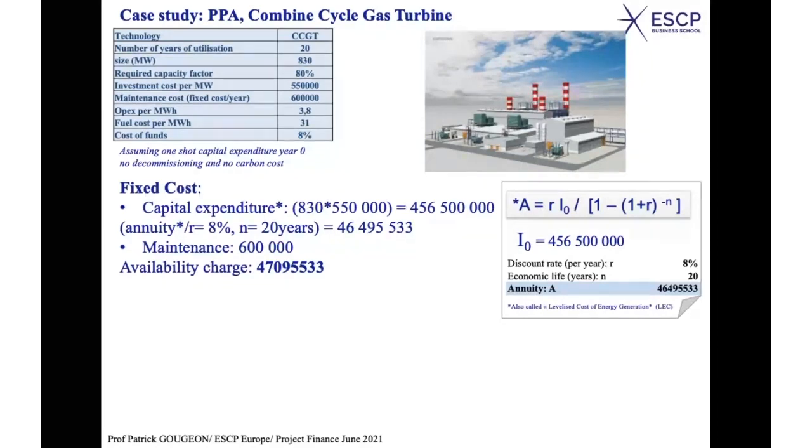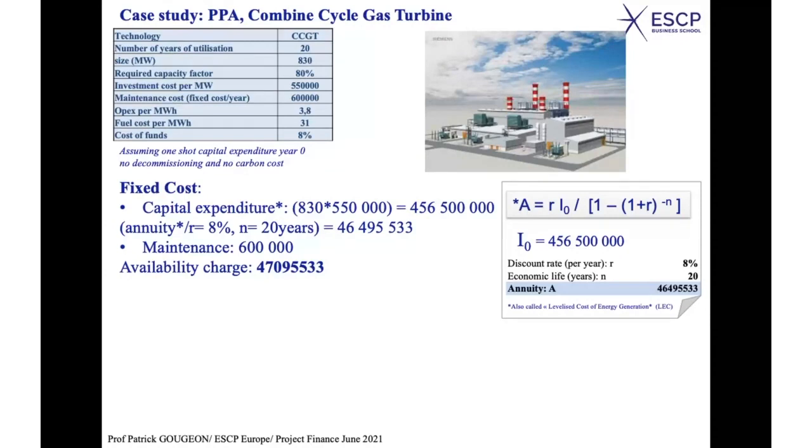So what you need to add is the other fixed cost. The only other fixed cost which we have here is 600,000 for the maintenance cost. So the availability charge would be 470,000.